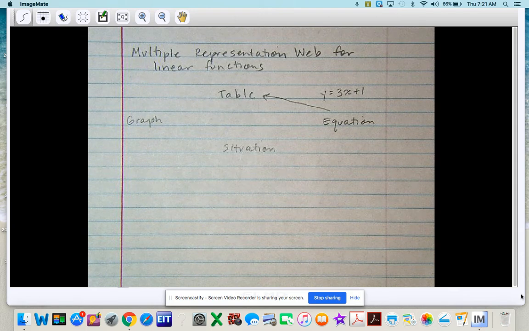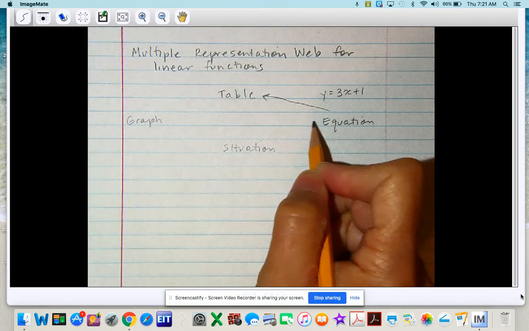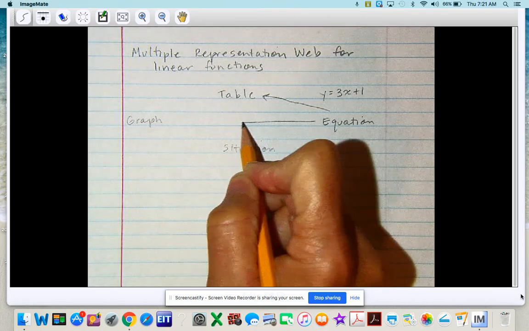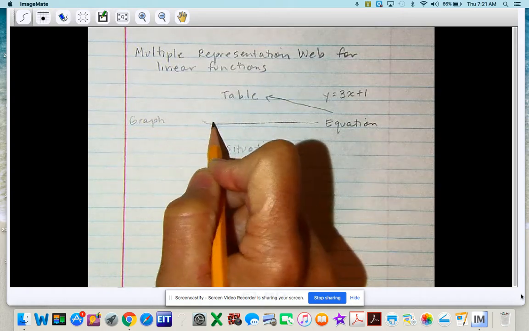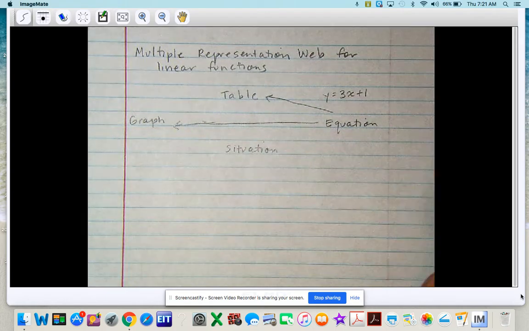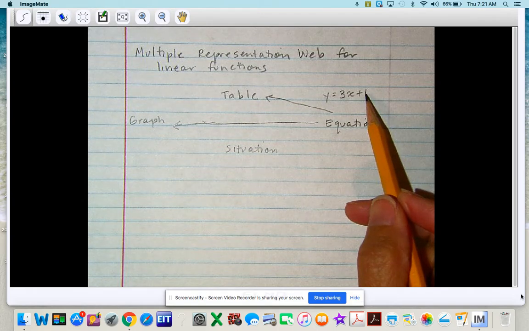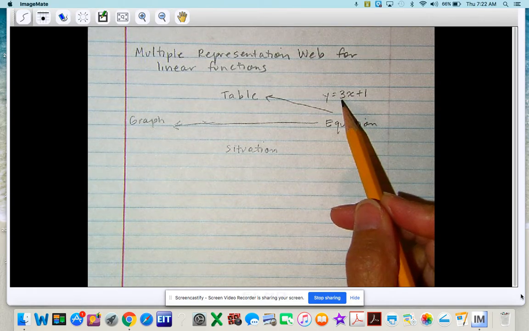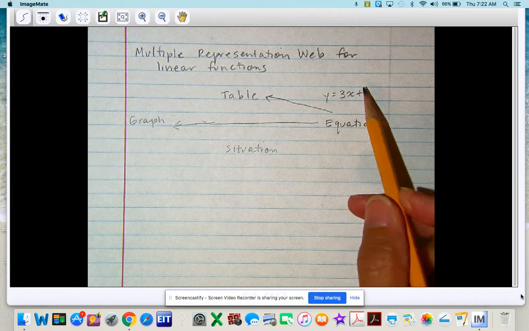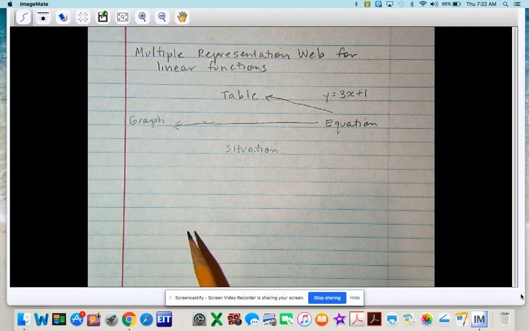Okay. We also looked at taking some equations and trying to graph them. So is that something you can do? Okay. So if you're given an equation, you know that this is the y-intercept, the 1, and the 3 is the slope. It's going to go over 1 up 3 to make the next point.